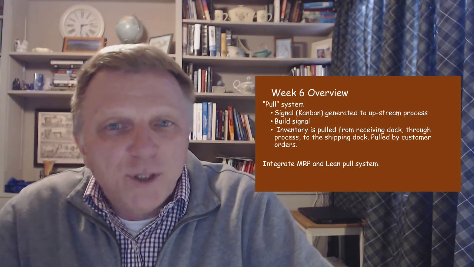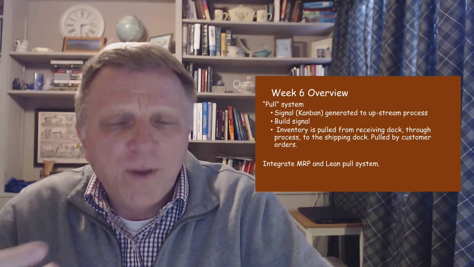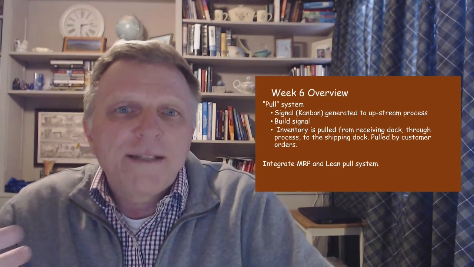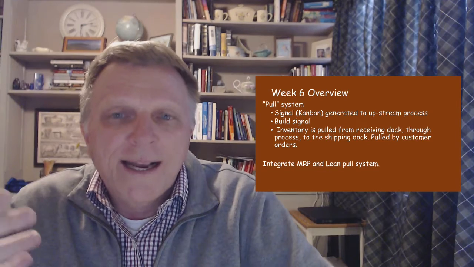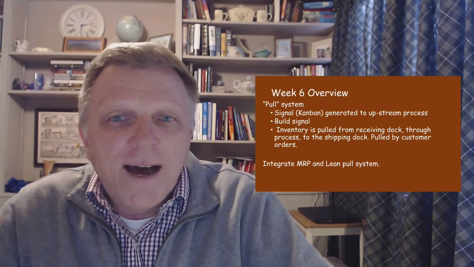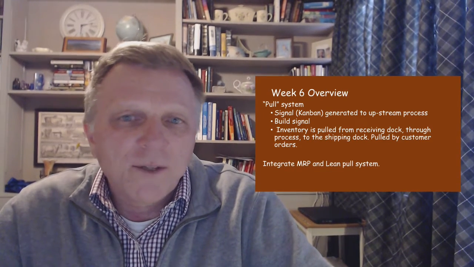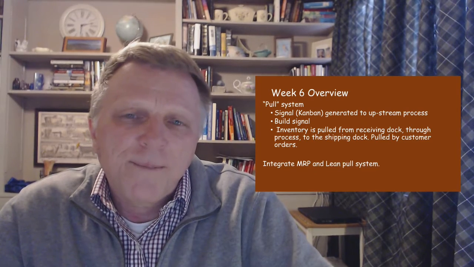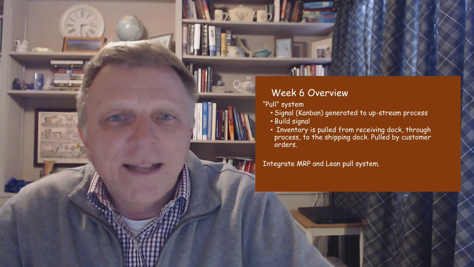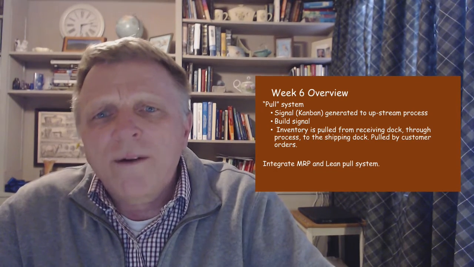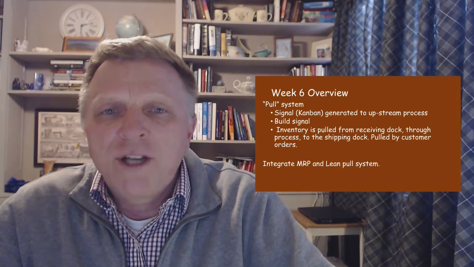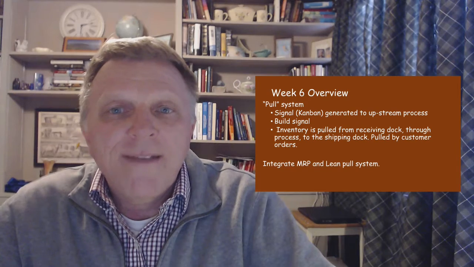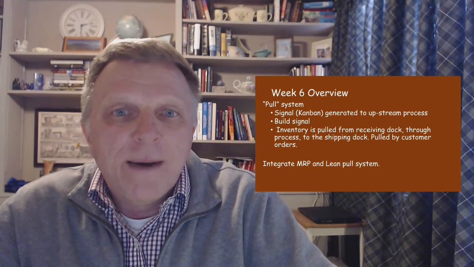Now listen, mature companies, we've talked about MRP, mature companies that have been doing MRP and Lean for some time, they figured out how to marry those two systems together so that they work in concert with each other. Companies who adopt Lean principles rarely talk about their supply chain without referring to it as a value chain. Think about it like this.